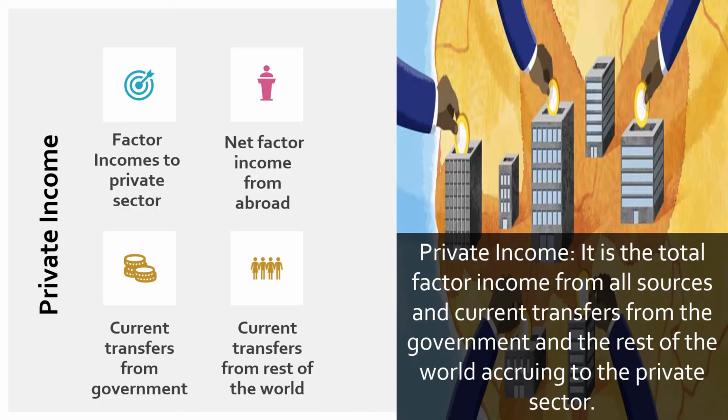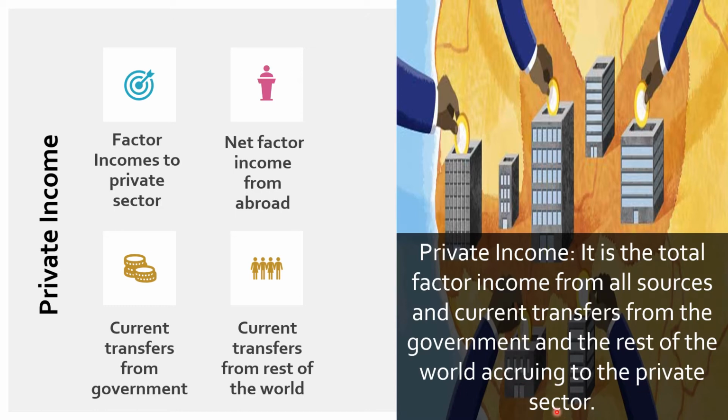And now moving on to the next concept, which is private income. What is private income? It is the total factor income from all sources and current transfers from the government and the rest of the world accruing to the private sector.